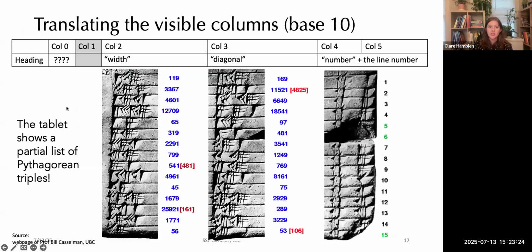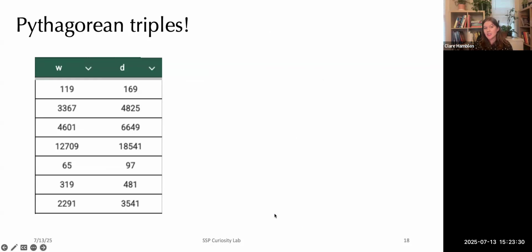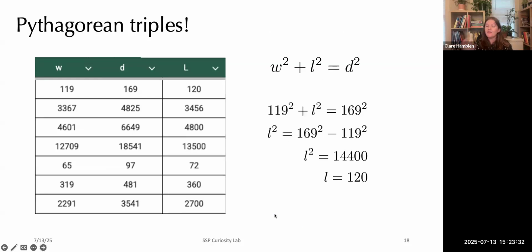It's just enormously unlikely that if they had been gathered for some other reason they would result in an integer solution with the Pythagorean equation. So it's extraordinarily unlikely that we are looking at anything other than a list of Pythagorean triples.